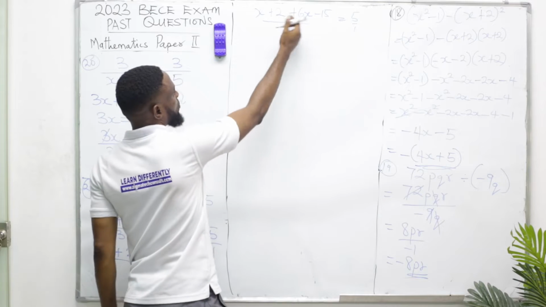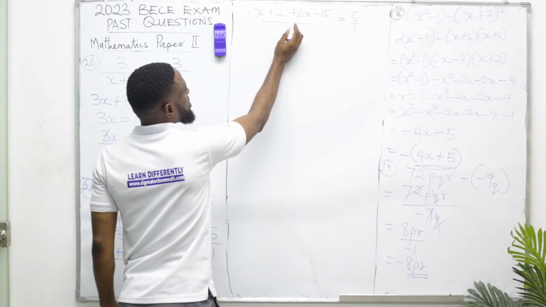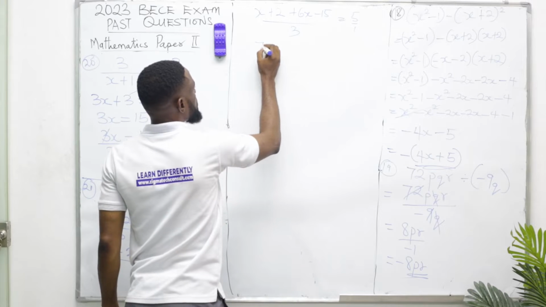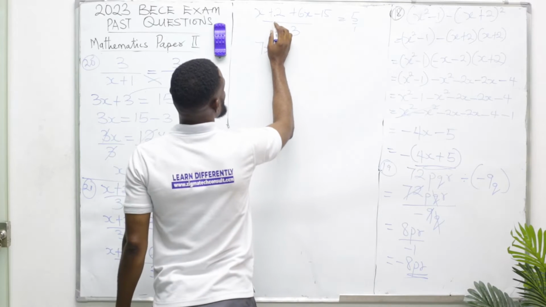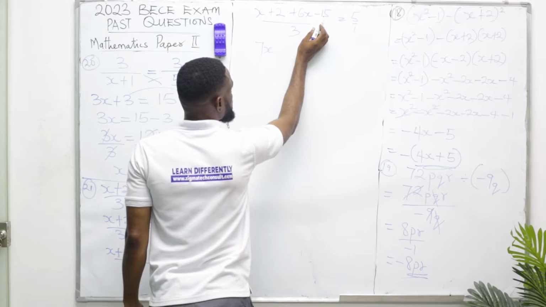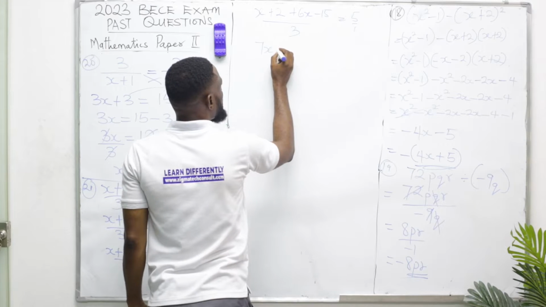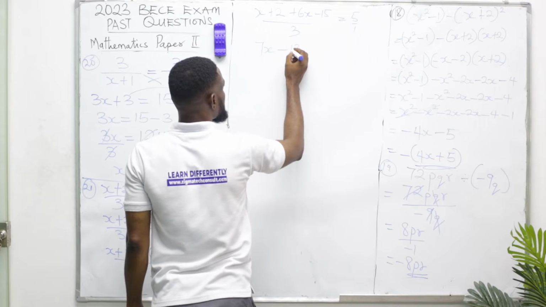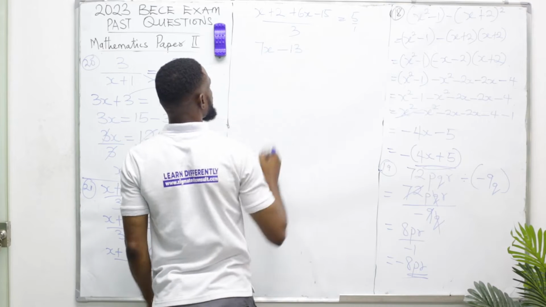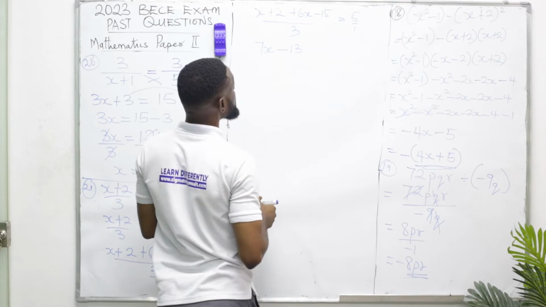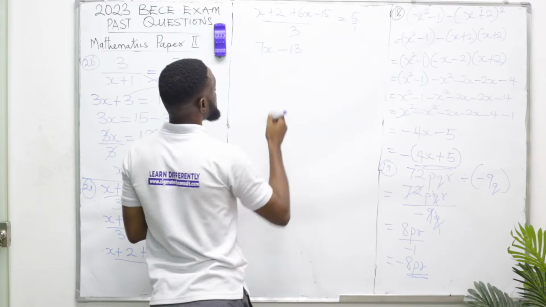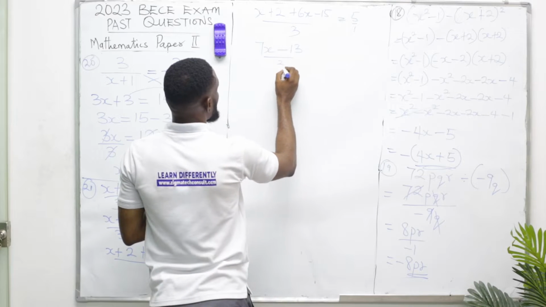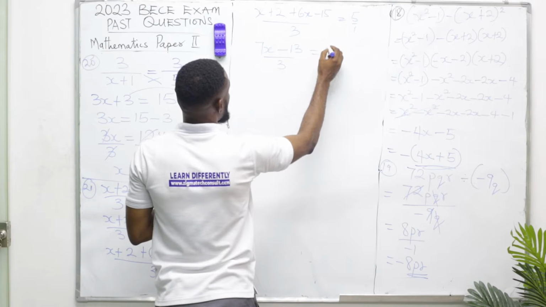So let's simplify what we have here. x plus 6x gives us 7x. 2 minus 15 will give us minus 13. You get that? So 7x minus 13 divided by 3 is equal to 5 over 1.